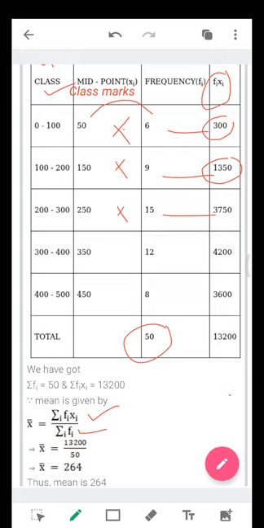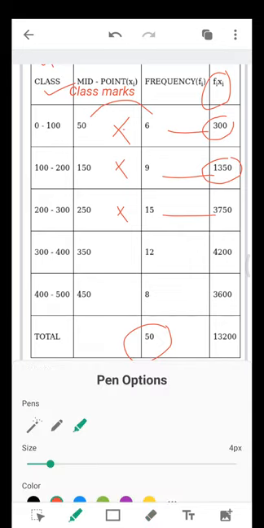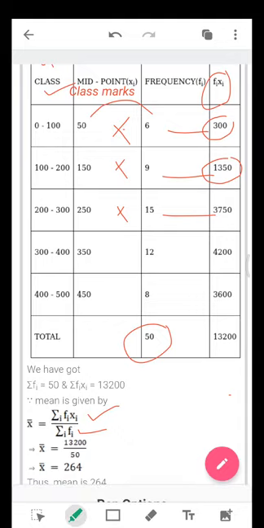Now after multiplying fi xi, you can find the sigma fi xi value. So here you can see, when you add all these values, you'll get sigma fi xi.